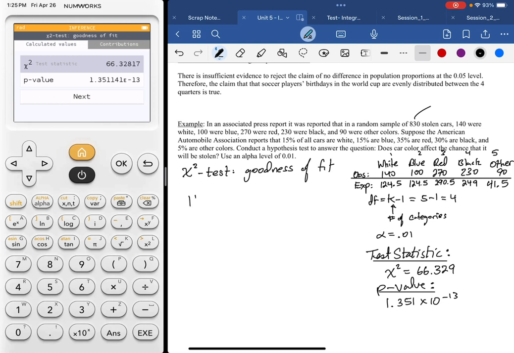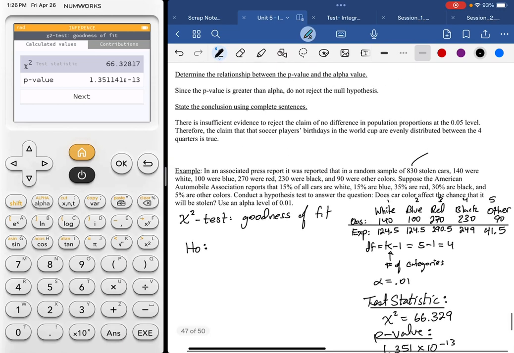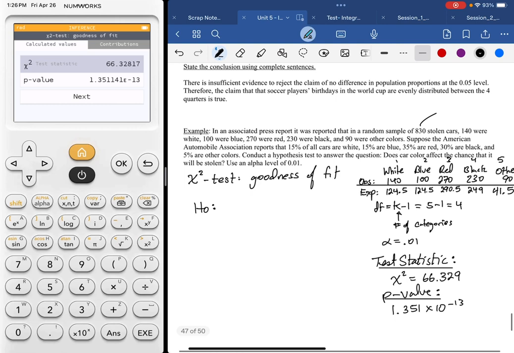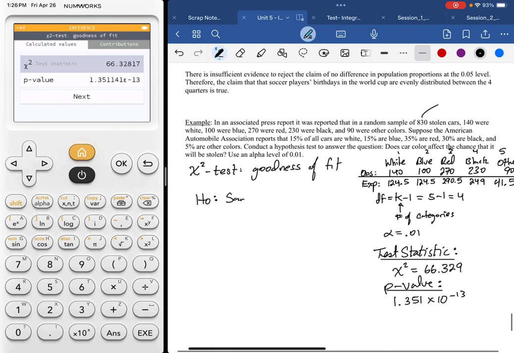So if I say H0, I'll write the other one, the one I just kind of blurted out, but so sample distribution is good fit for population distribution.